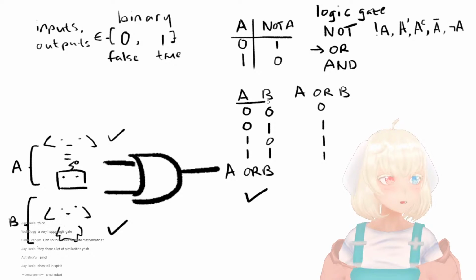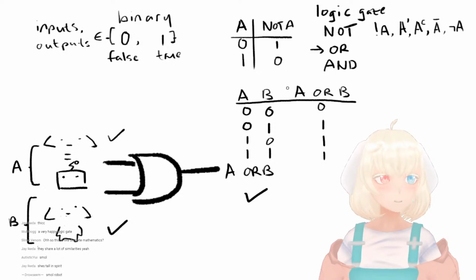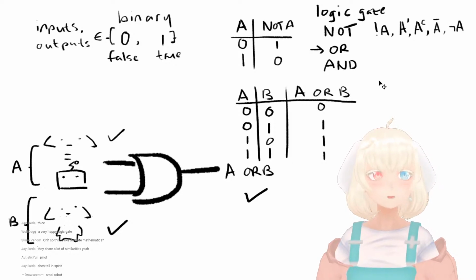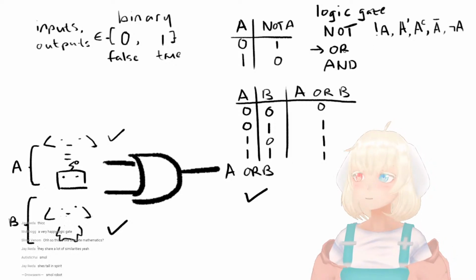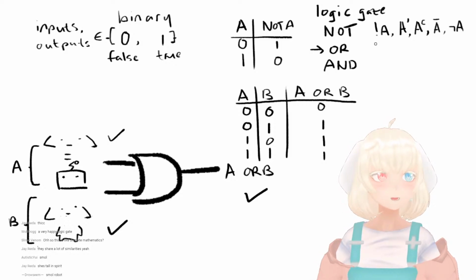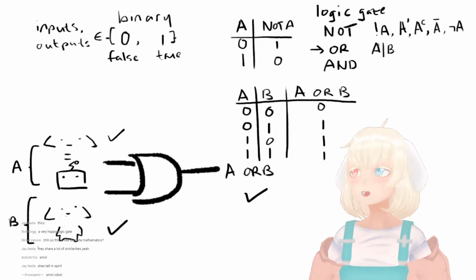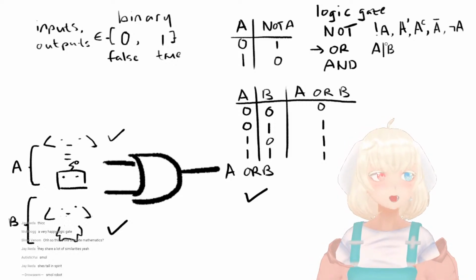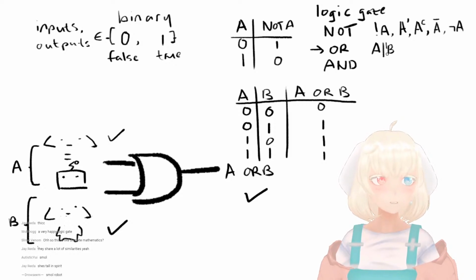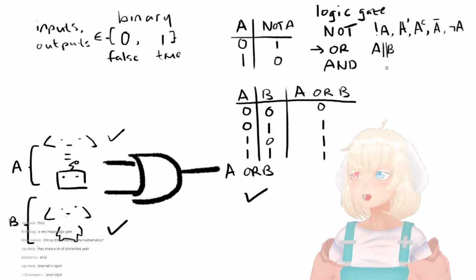You'll also see OR written in a number of different ways. Let me put this as a table first. OR can be written as A pipe B. So it's like a little vertical line. You'll see this one in programming a lot. Especially in programming, you'll see 2 bars here.